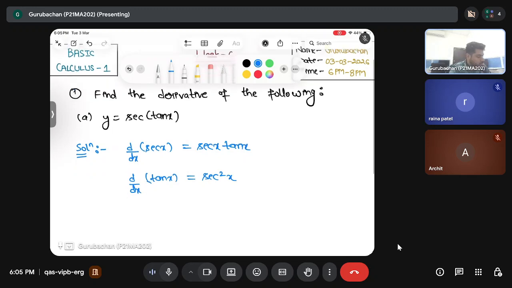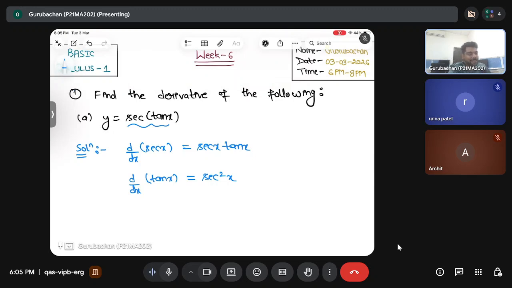Now here, if you observe, this is a composition of secant and 10x. So we need to calculate the derivative of f of g at x, and by chain rule this is nothing but f dash g of x into g dash of x.